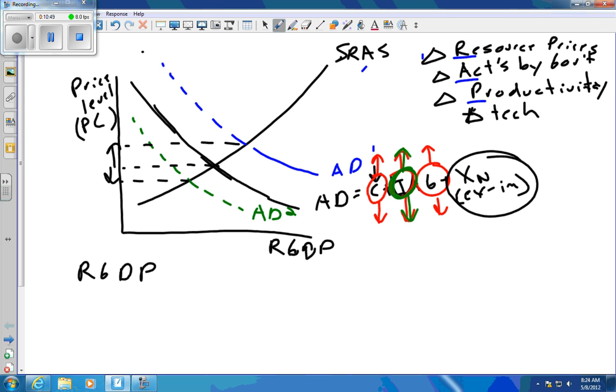But a couple of other things you can assume as you go right on this graph, on the horizontal. As you go from here to here, a rightward shift means that real GDP is obviously increasing.